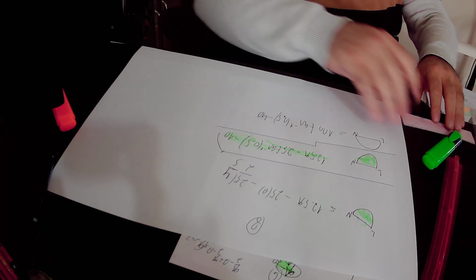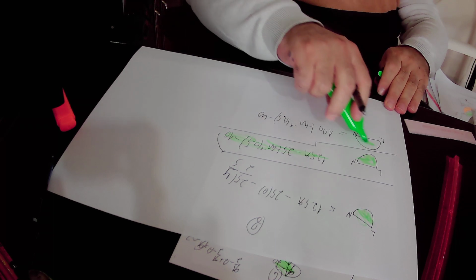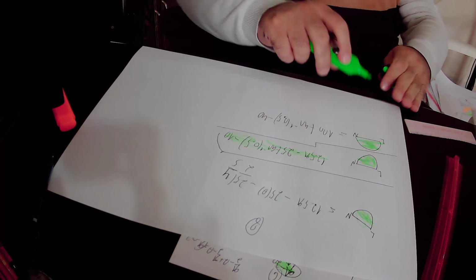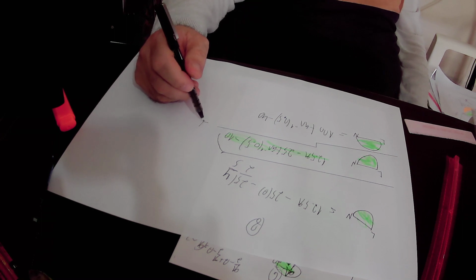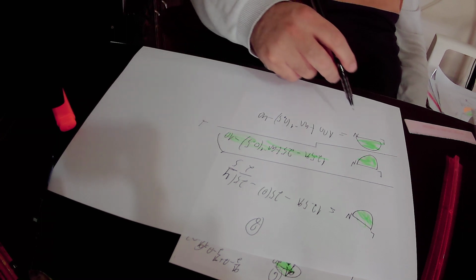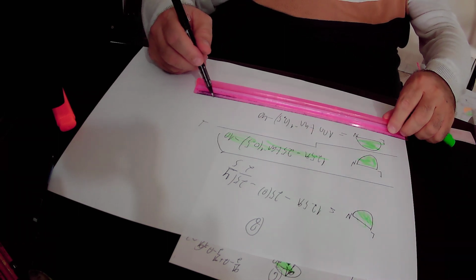Now we have to add the two areas together in order to get the area of the big lens. So we'll add the two areas together, the upper circular segment plus the lower circular segment equals the area of the big lens.